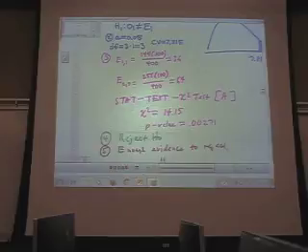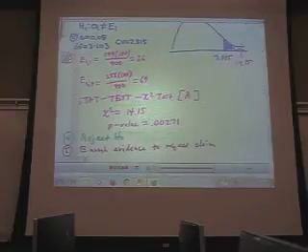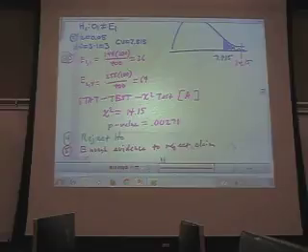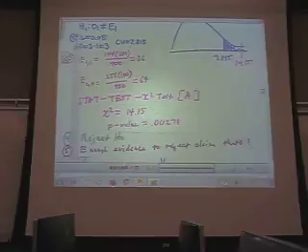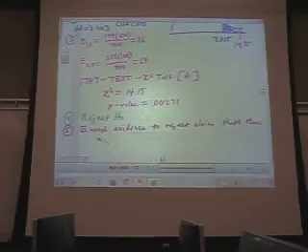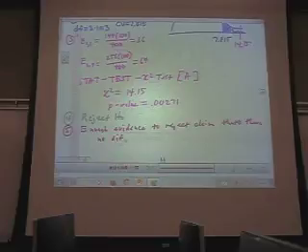Reject claim. What was your claim again? There's no difference in the proportion of people in each economic group who were very happy. Good. Perfect.